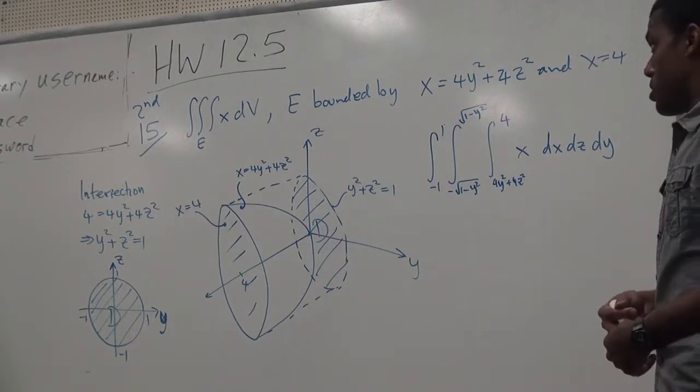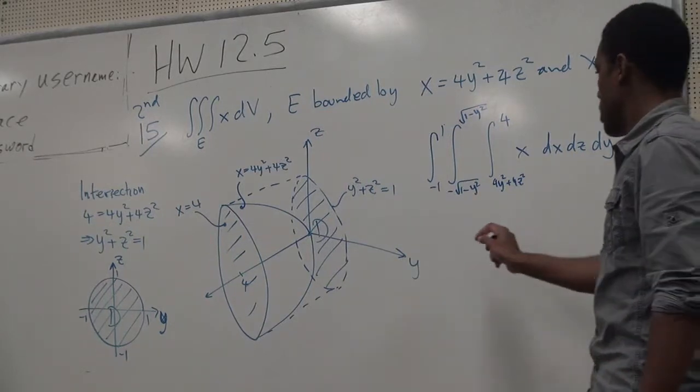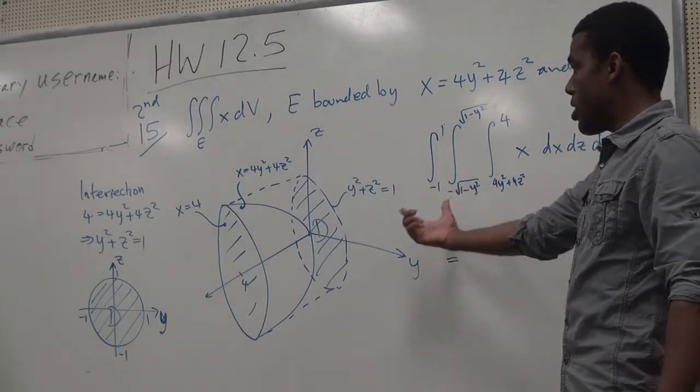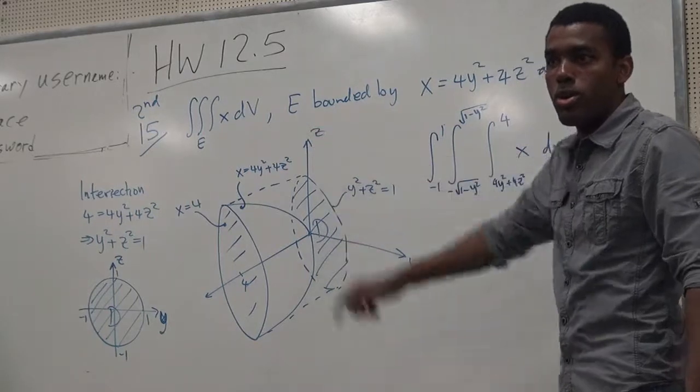Later on today, we're going to be able to set this up in what we call cylindrical coordinates, which means we think of the two outer integrals as being given by polar coordinates, right?